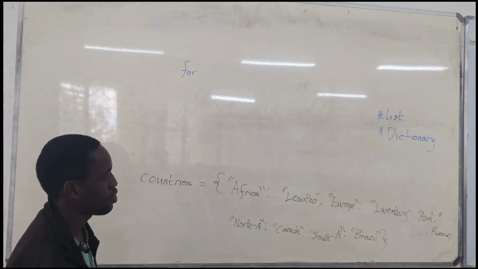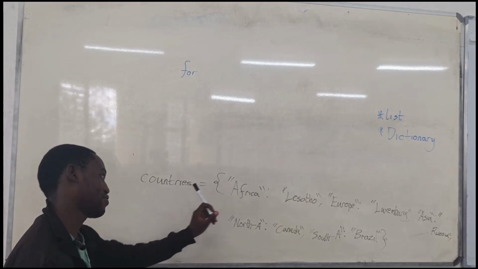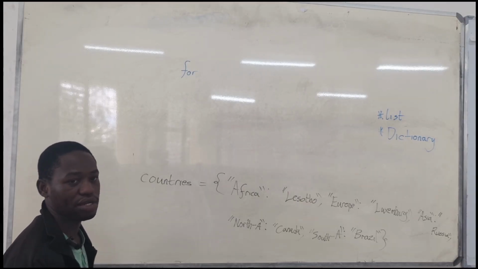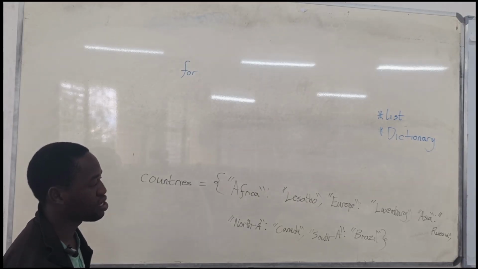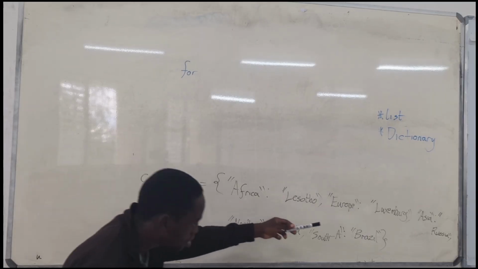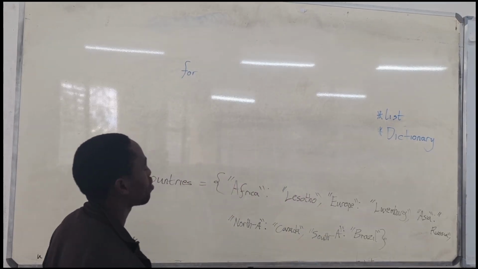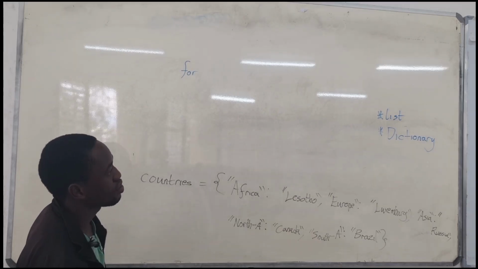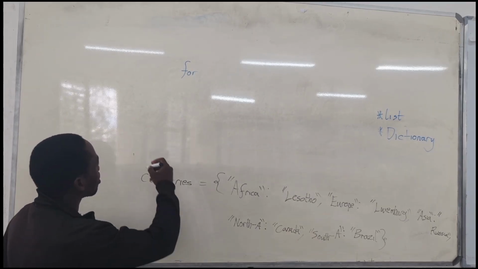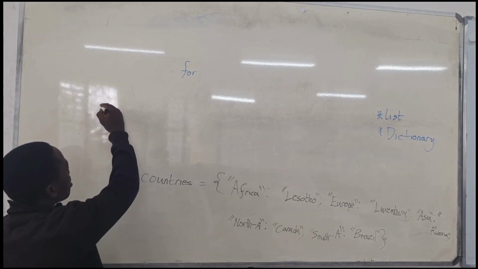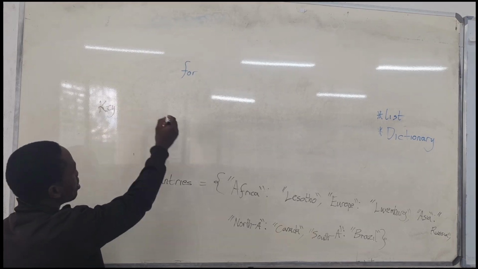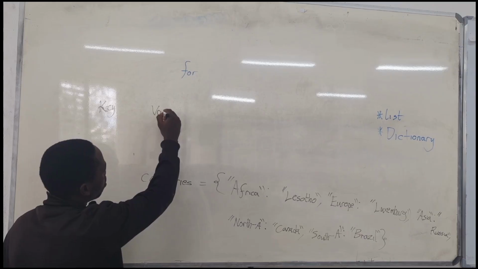Okay. So let's say we have this dictionary and you want to print all these values here, in a way whereby there'll be the key on this side and the value on this other side.